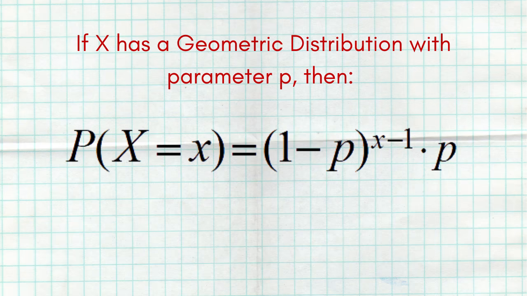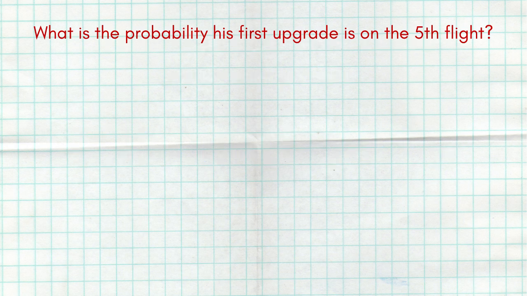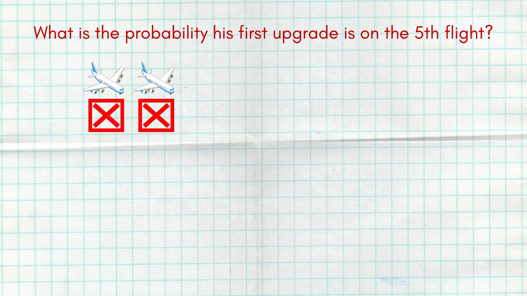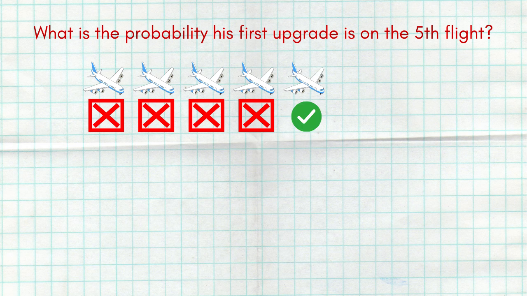Here is the formula to find the probability of getting your first upgrade on the X trial. All right, let me explain how this formula is going to work. Find the probability that his first success happens on the 5th flight. This would be a failure, no upgrade, and then another failure, and then another failure, and then another failure, and then on the 5th, success, he gets his first upgrade.